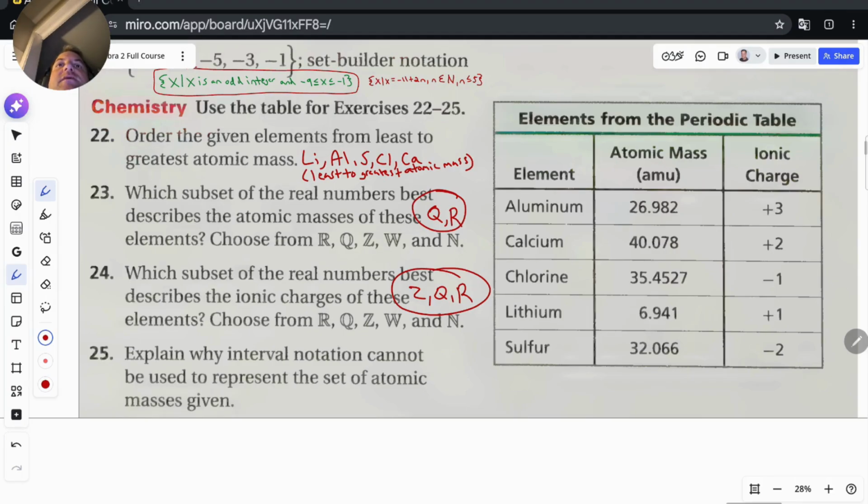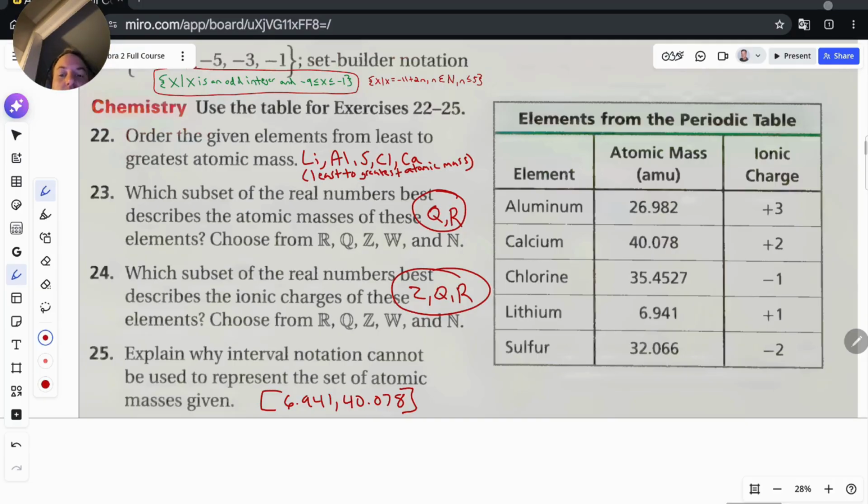So if we wrote 6.941, 40.078 with open and closed brackets, that would include every real number in between, like 10.2 or 25, which are not atomic masses of these elements.